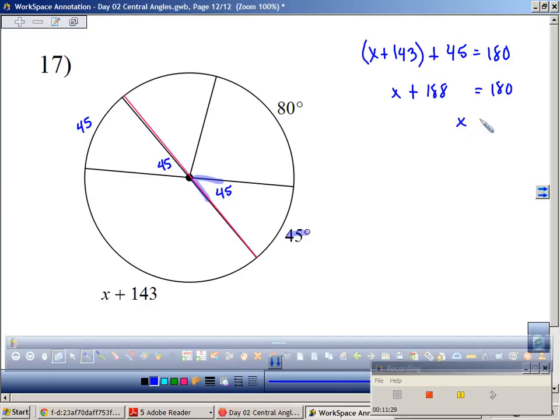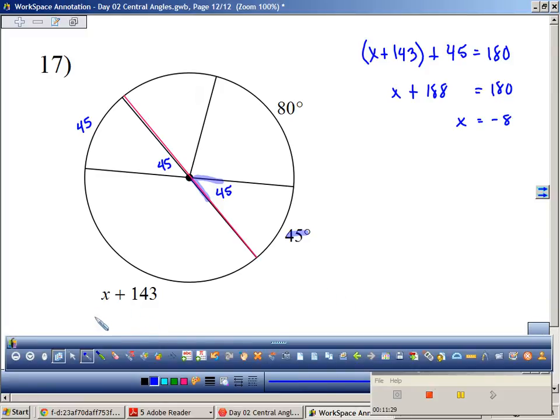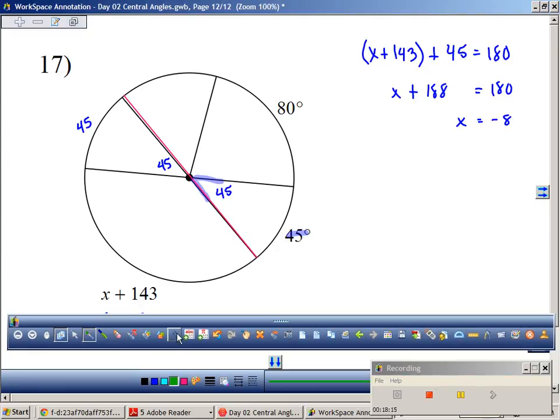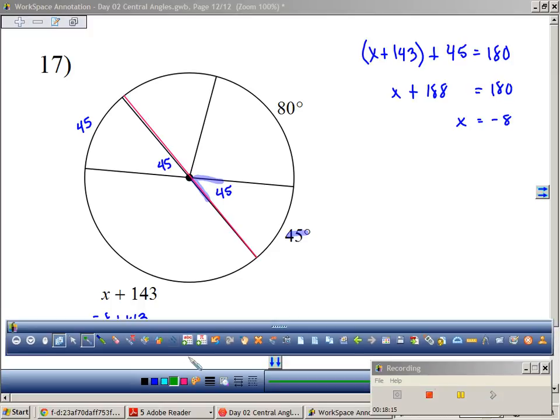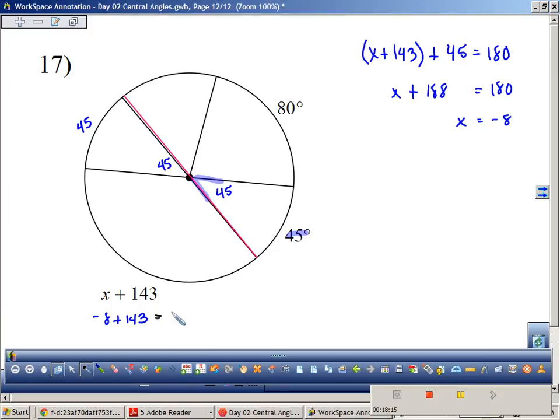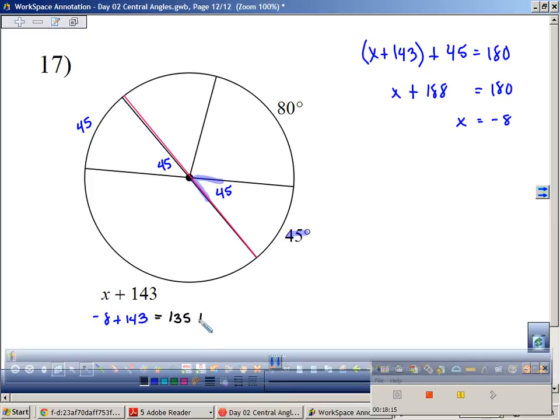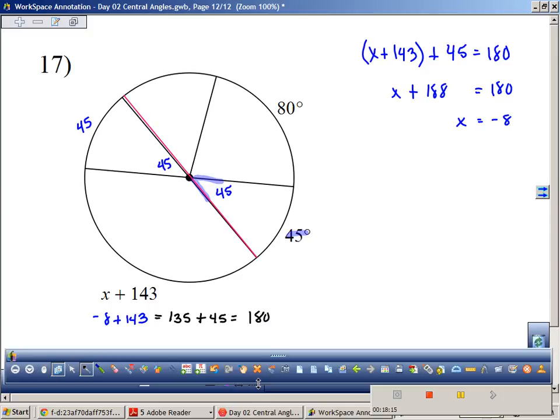Subtract 188 from both sides, and I get x equals -8. Let's plug it back in and see what happens. So -8 plus 143 is 135. And 135 and 45 make 180. So we're good.